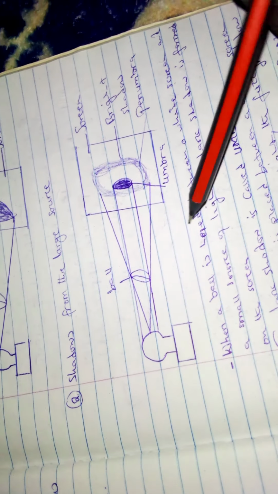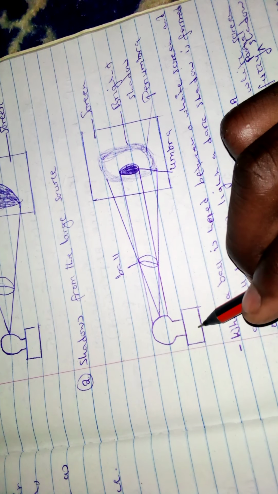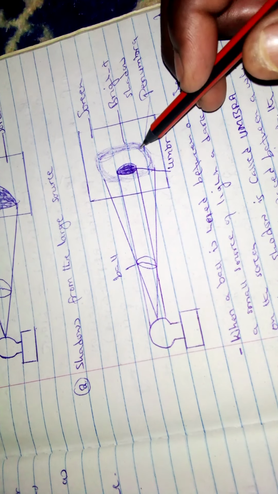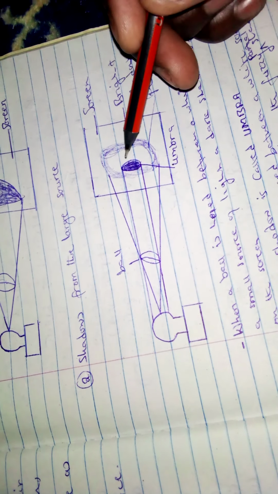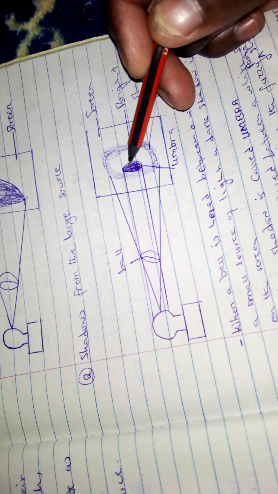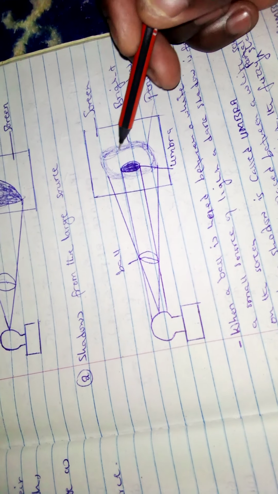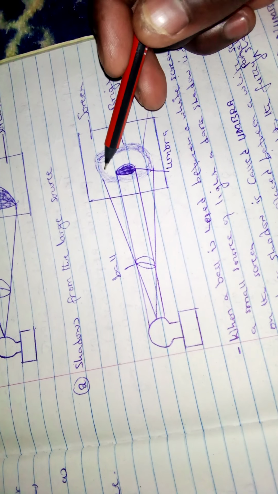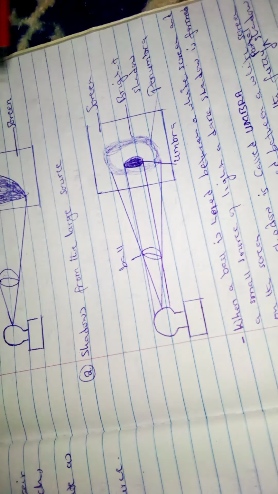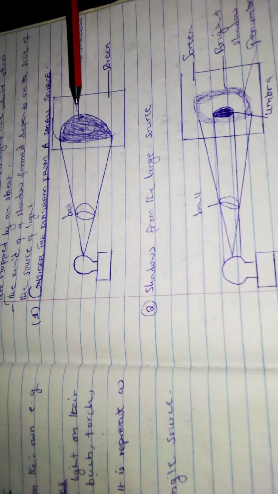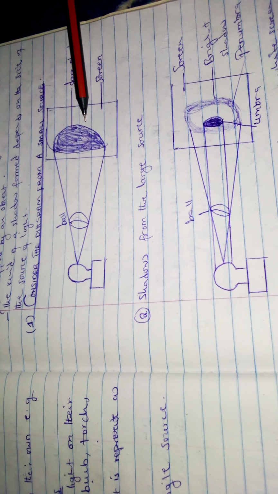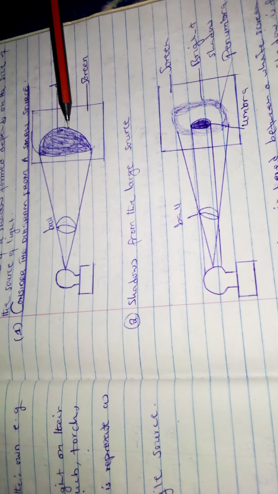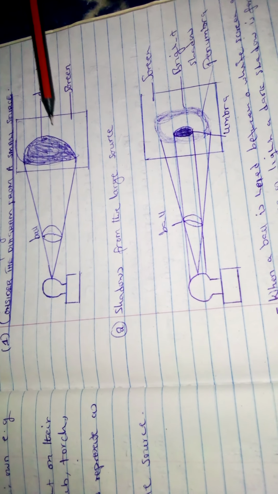But when the source of light is big, like this one, you have two shadows that are going to be formed. A darker one will be in the middle, but the other one here will be a little bit brighter. This dark shadow is called the umbra.